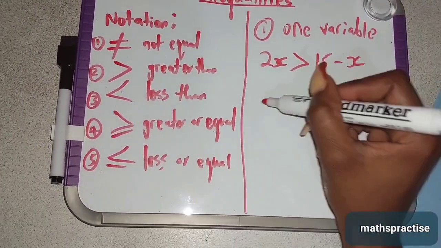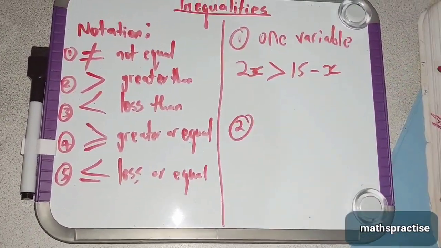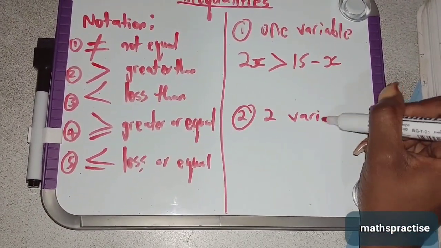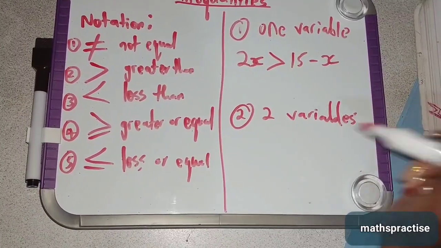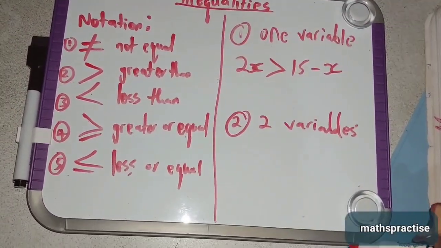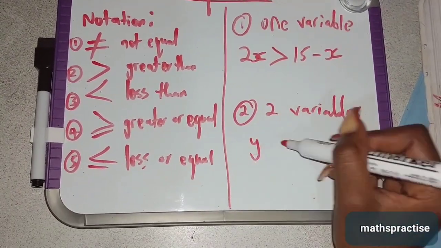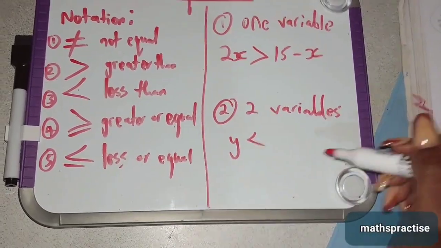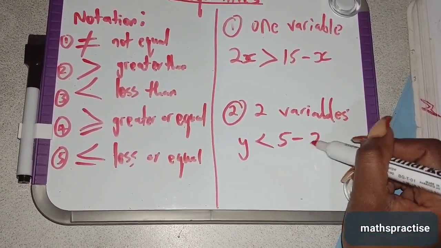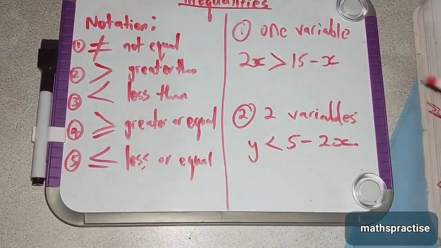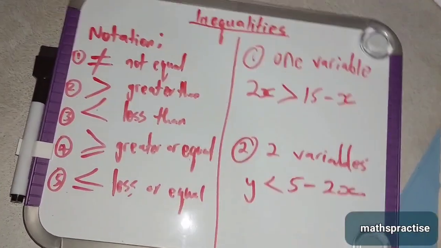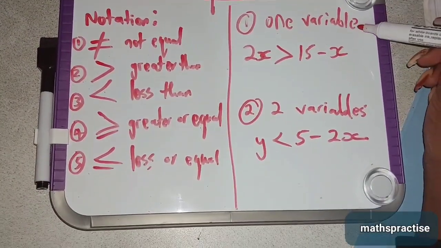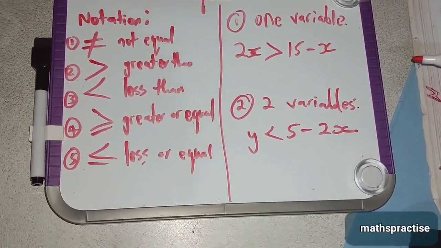Then the second type of inequality has two variables. In this scenario you have y, let's say, is less than 5 minus 2x. So we have two types of linear inequalities, where one has one variable and the other has two variables.